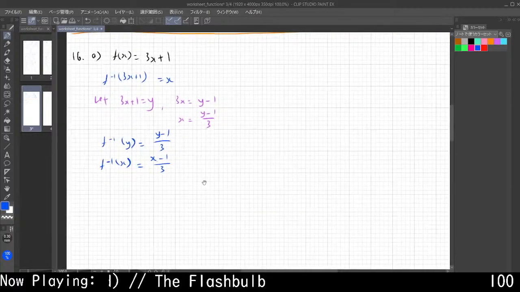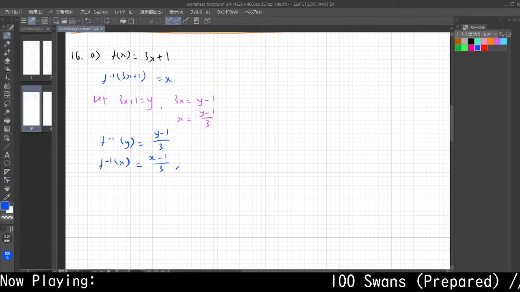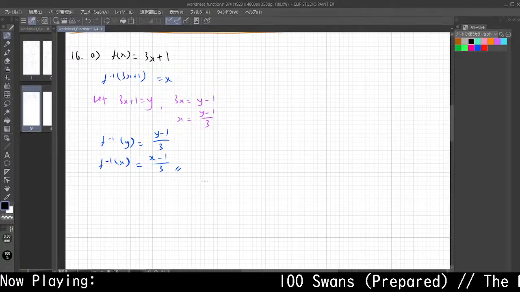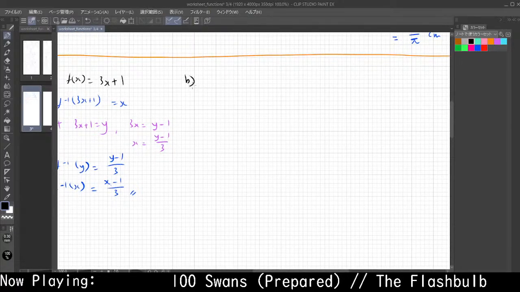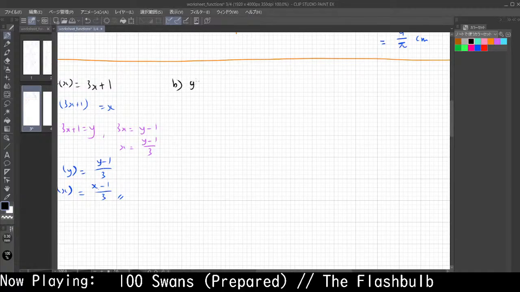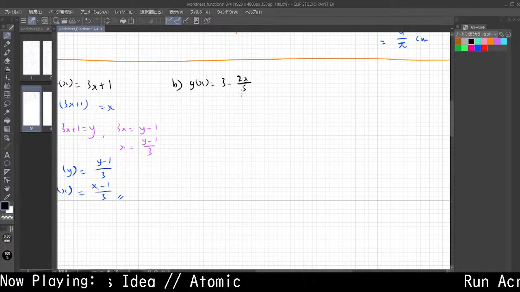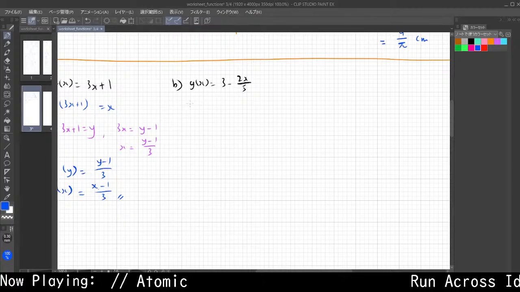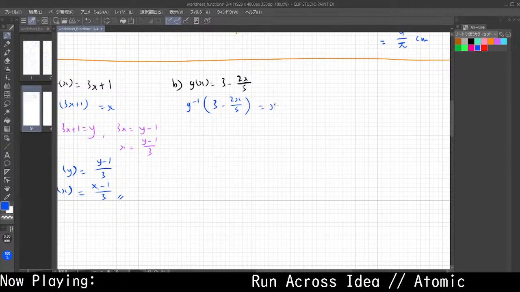Okay, then continue. Yeah, this is your answer. Done. Okay, next, B. Let's do it in this fashion. G(x) equals 3 minus 2x over 5. G inverse is equal to x.